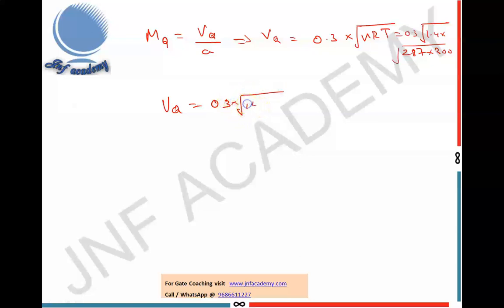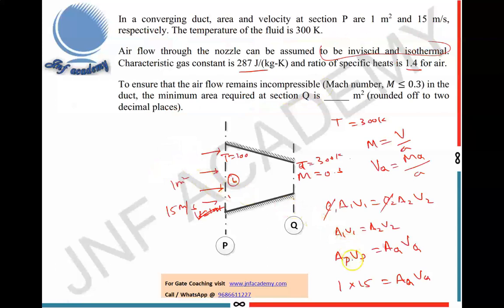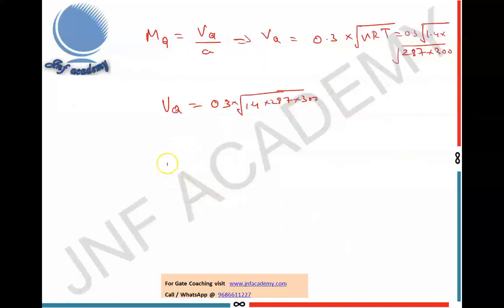I have not calculated it; I directly substituted it in the equation. So going back to the equation, the left-hand side is 15, which is equal to AQ times, instead of VQ, this value: 0.3 root of 1.4 into 287 into 300. Now the only unknown in this equation is AQ.